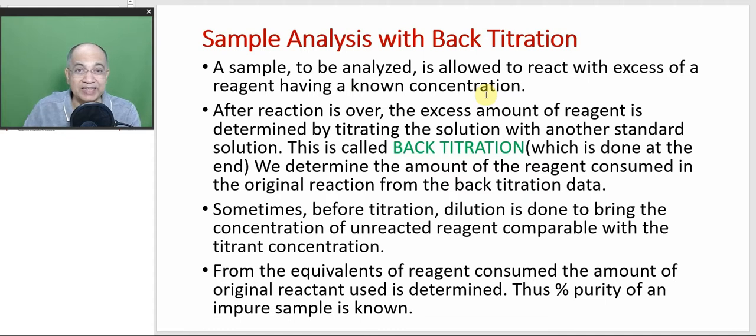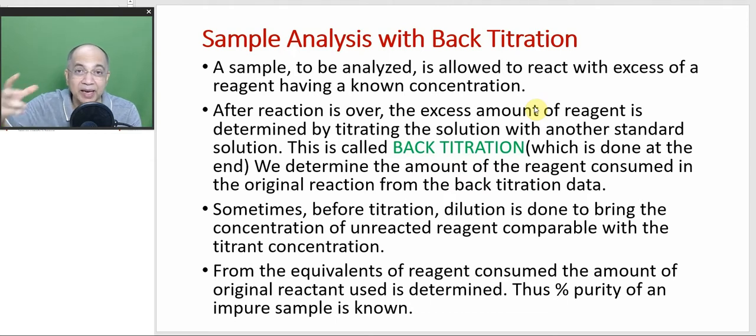Now, what is back titration? How to analyze a sample? Let me read out, just focus on my words. A sample to be analyzed is allowed to react with excess of the reagent having a known concentration. For example, you have a sample of calcium carbonate, an impure sample, right?